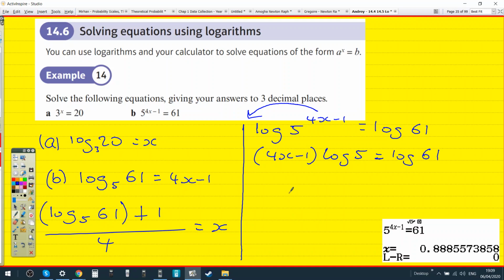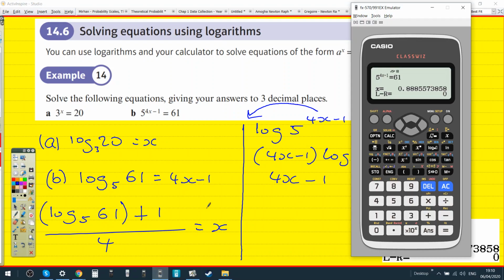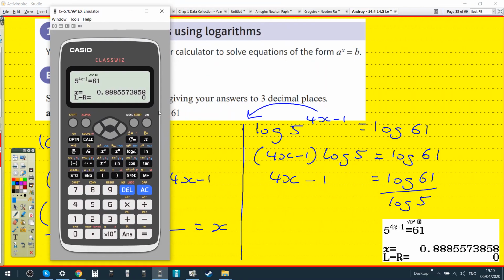Would you then just do 4x minus 1 equals log 61 divided by log 5? Yeah. And then just add 1 and divide it by 4. Yes.